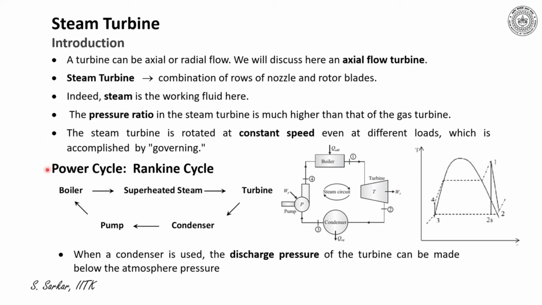Regarding power cycle, if you consider a power plant, Rankine cycle is the operating cycle, and here the water is pumped to the boiler, and then the boiler converts it to superheated steam, which is expanded in a turbine and then condensed in a condenser, rejecting heat to the atmosphere.